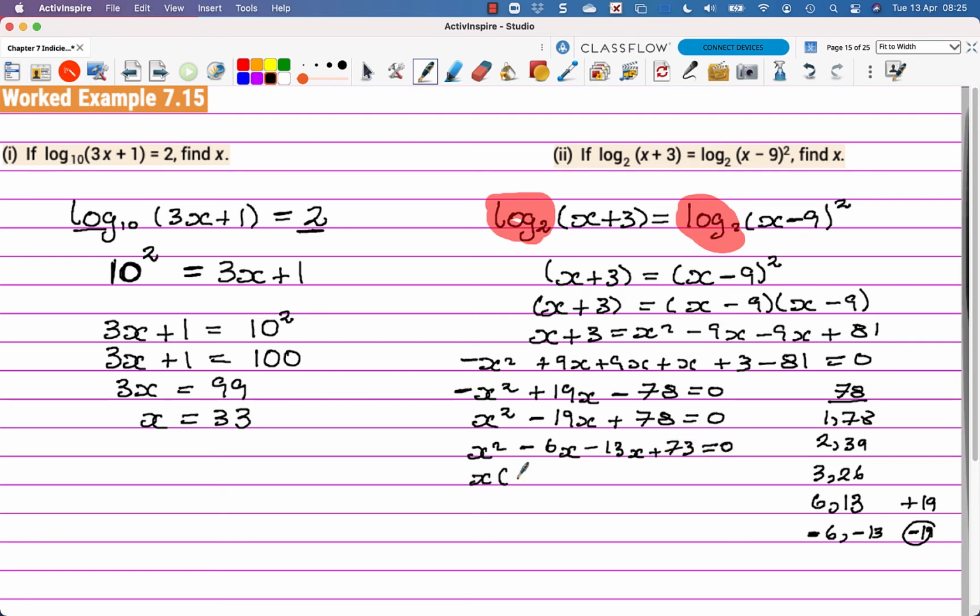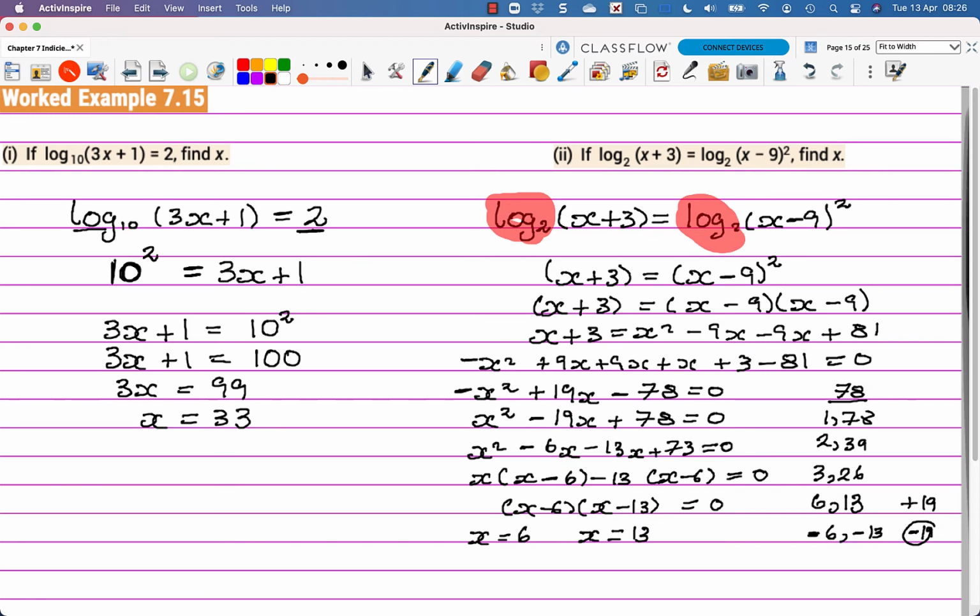Factorising in pairs, we've got x minus 6, put x minus 6 over here, minus 13 is the factorisation. So you've got x minus 6 times x minus 13 is equal to 0, and the two solutions are going to be x equals 6 and x equals 13.